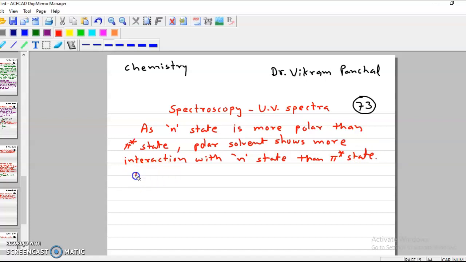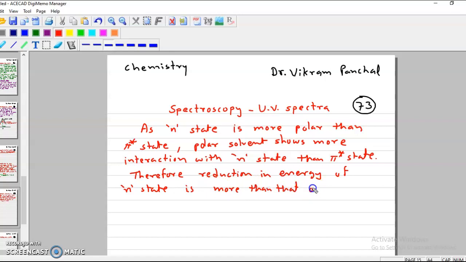Therefore, the reduction in energy of the n state is more than that of the pi star state.